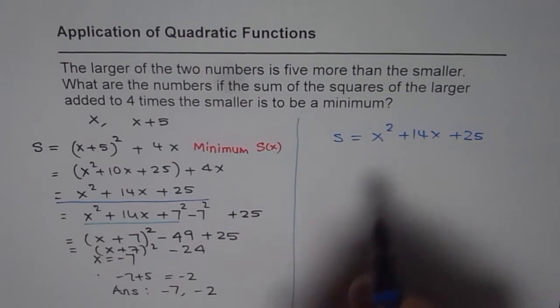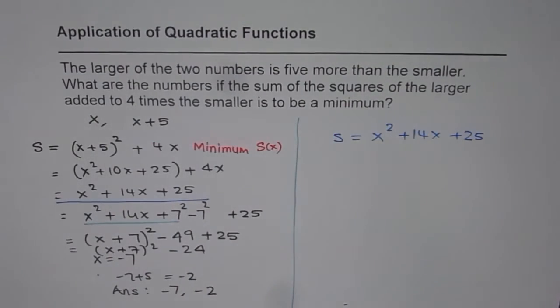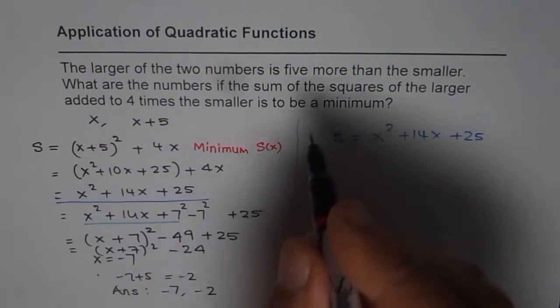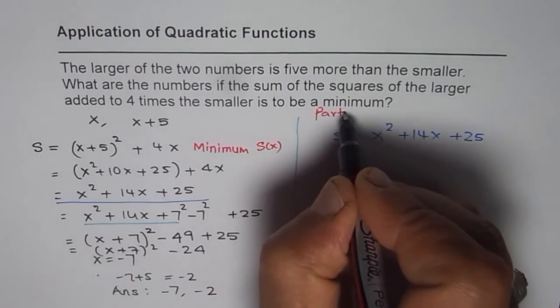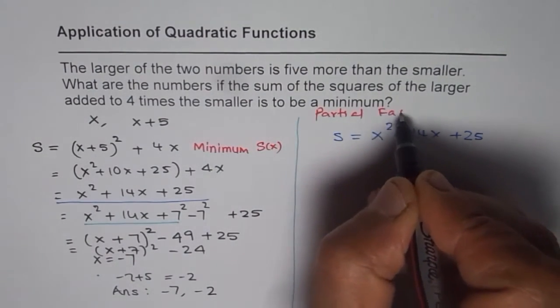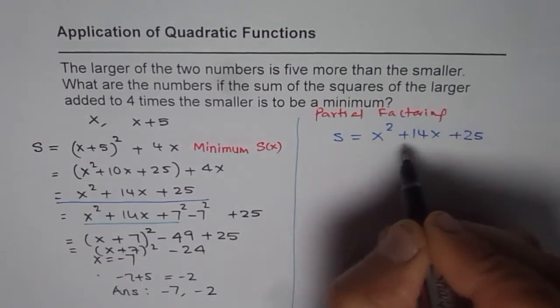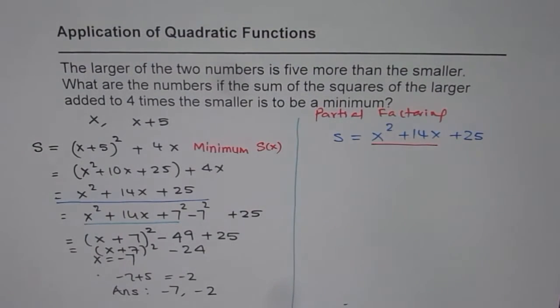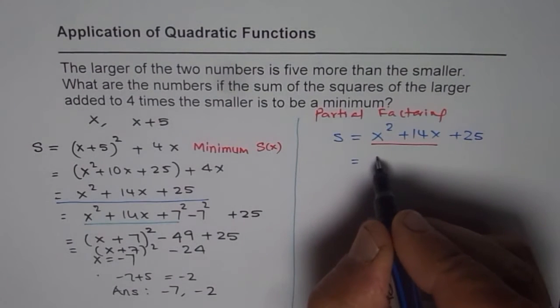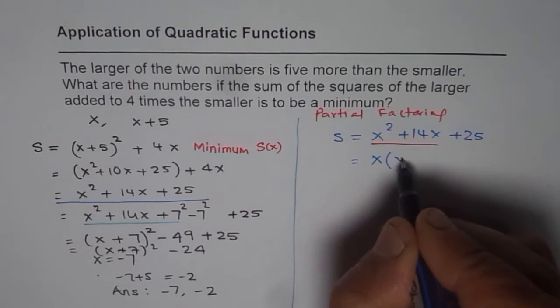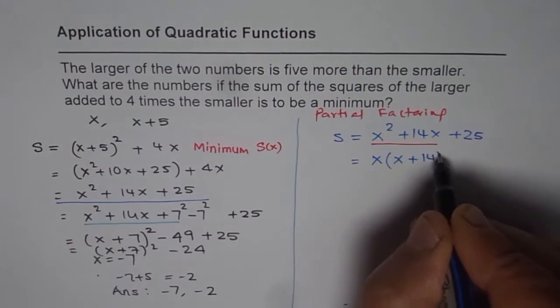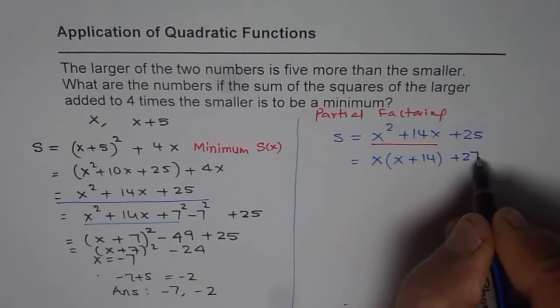Let us do partial factoring, in which we factor just the first two terms and then continue. Have a good look at it. If I factor x from here, I get x(x plus 14) plus 25.